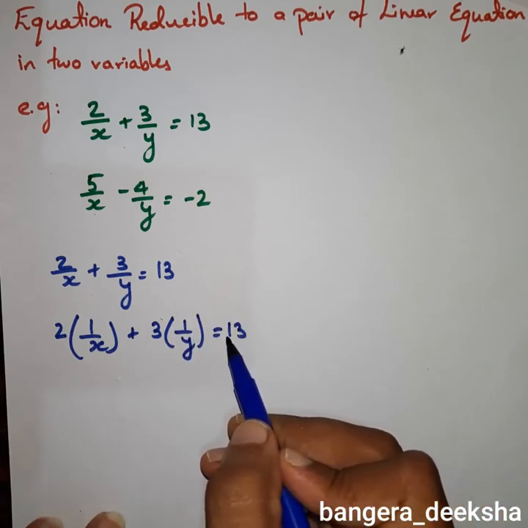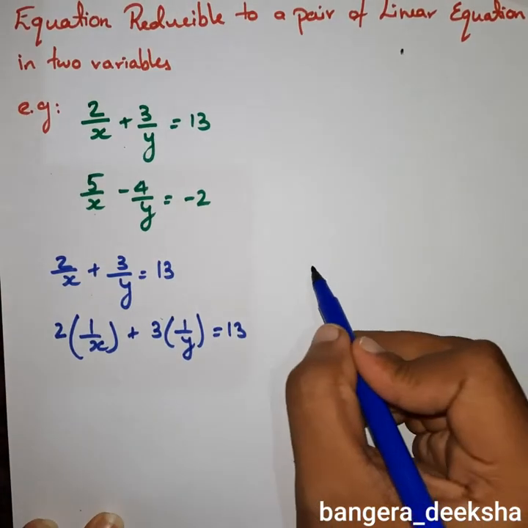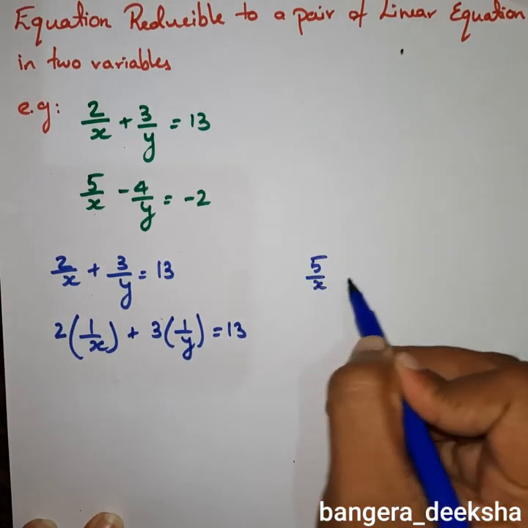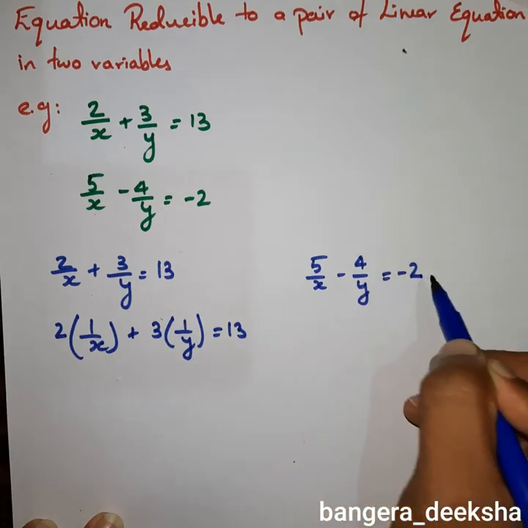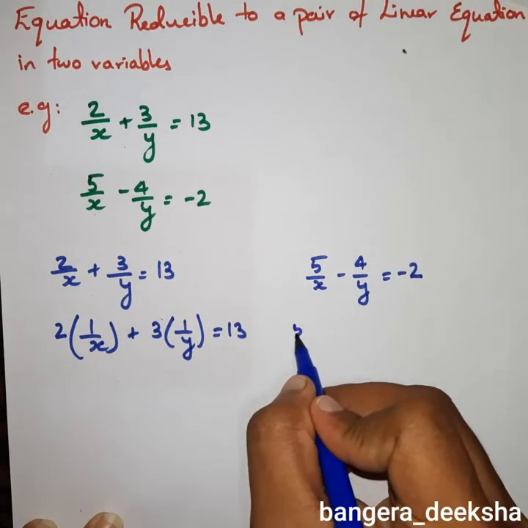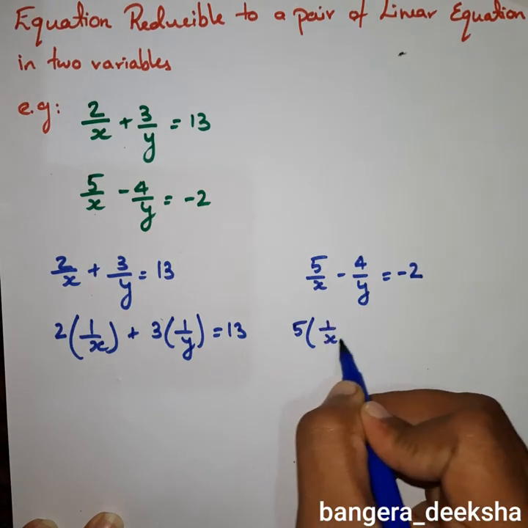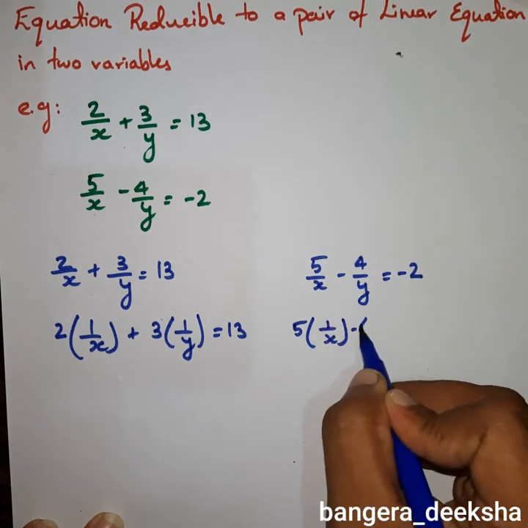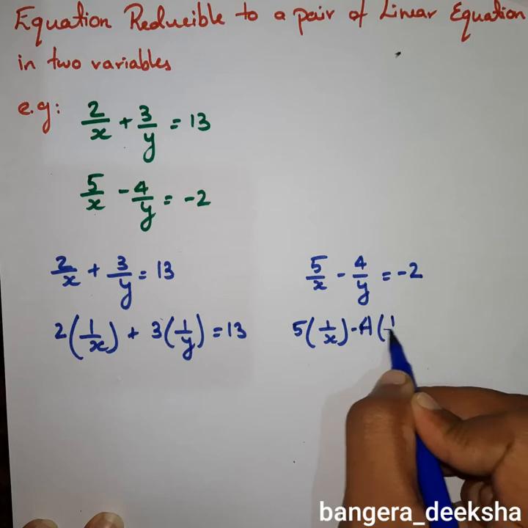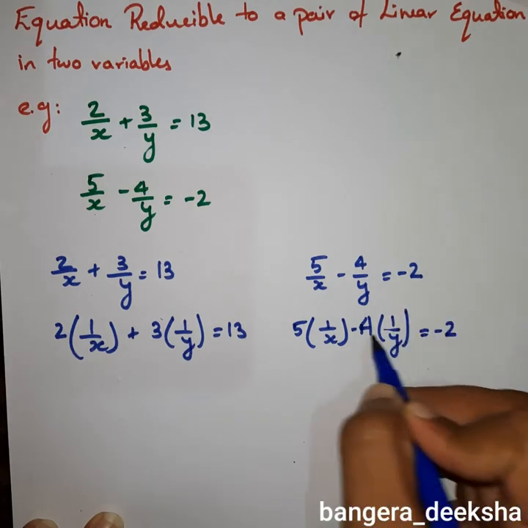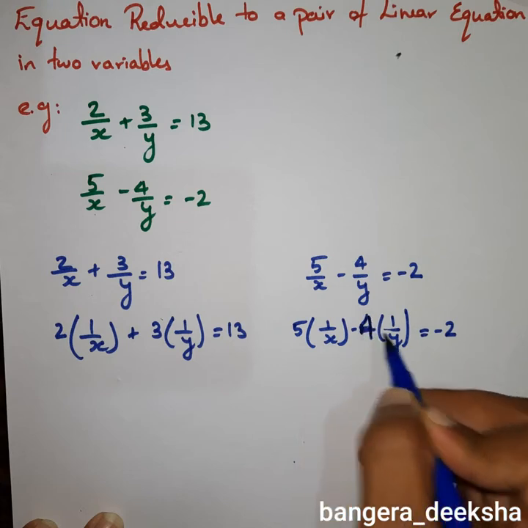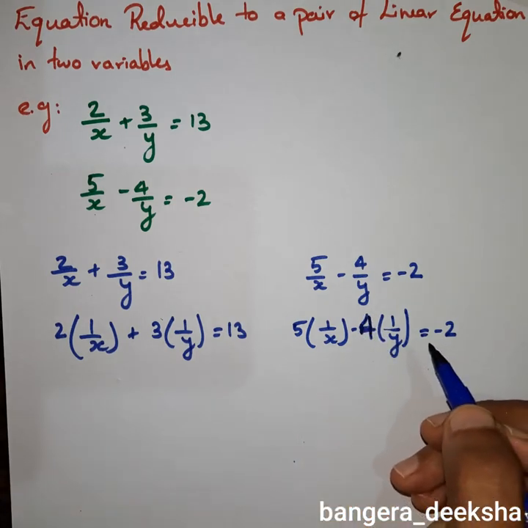So this was our first equation. Similarly, the second one, 5/x - 4/y = -2, I'll write as 5 into 1/x minus 4 into 1/y is equal to -2. So this is our second equation.